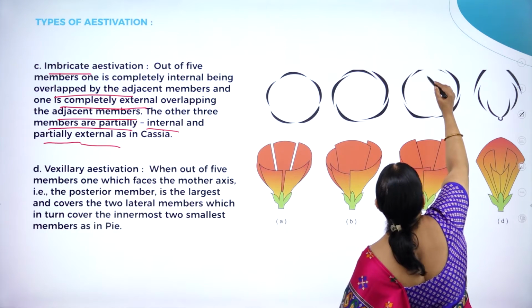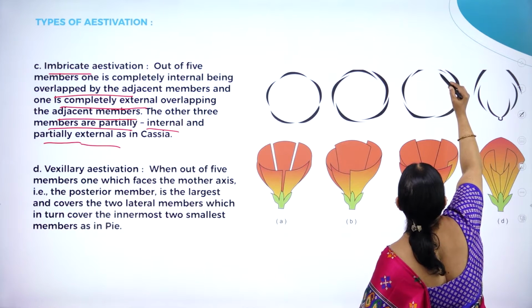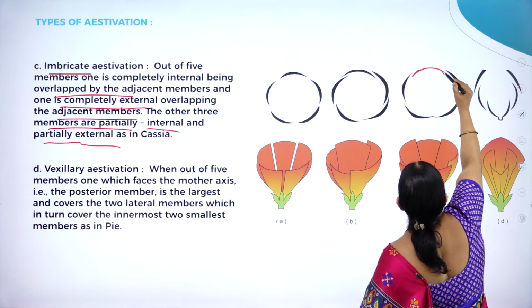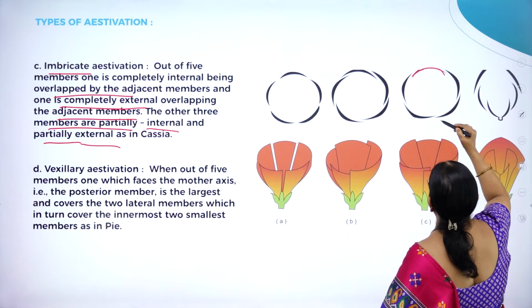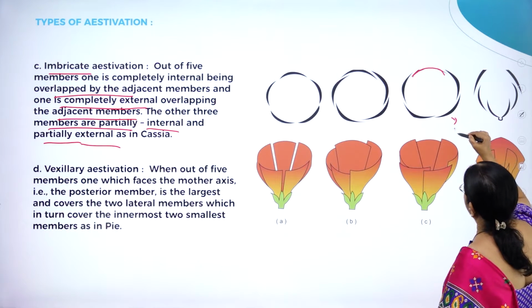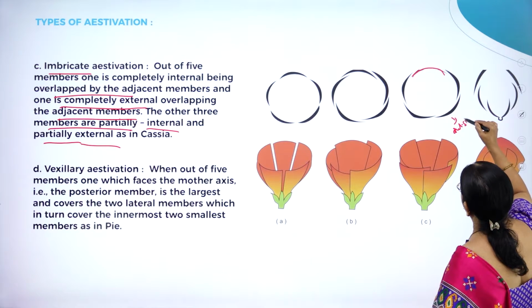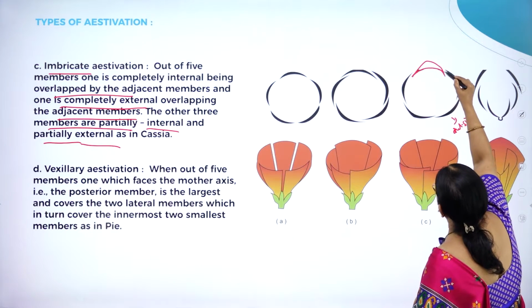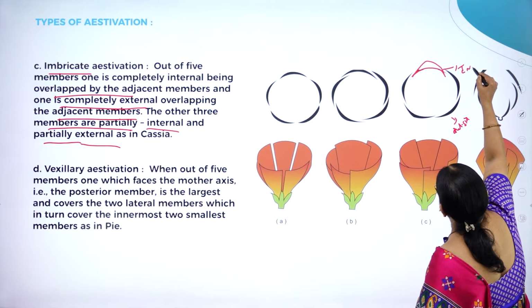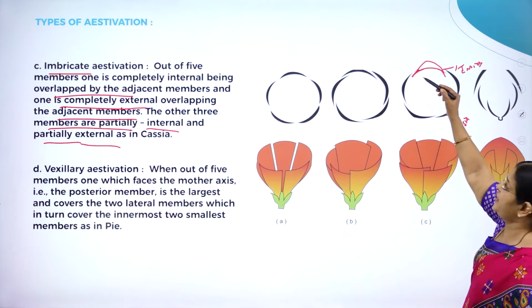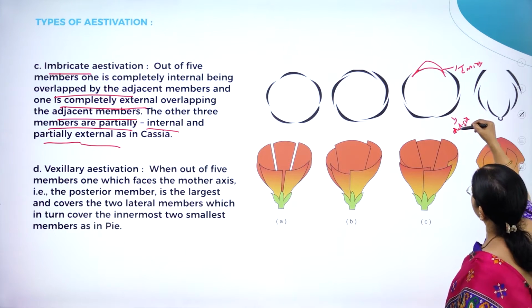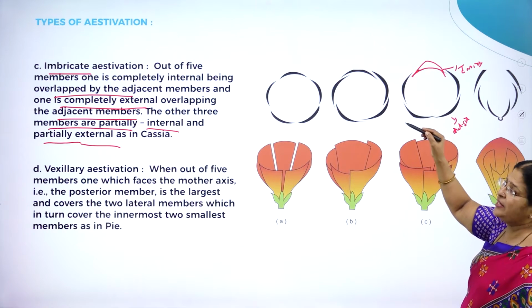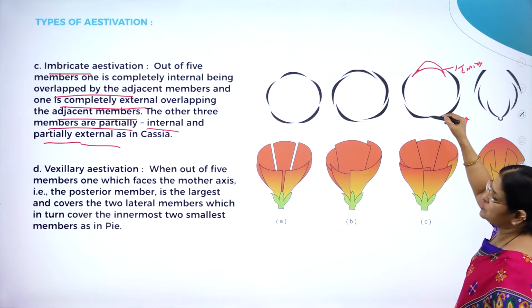So here you can see one is completely inside, one is completely outside, and the remaining 3 you can see one outside, one inside.